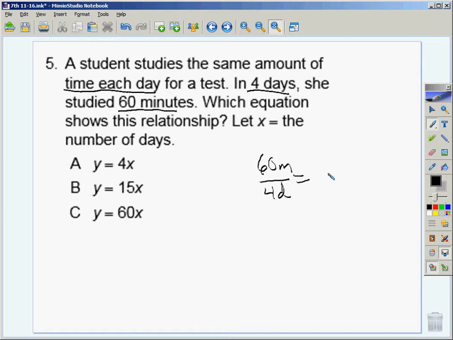How many minutes per day did she study? 15 minutes per day. Which is why B is the correct answer, because they wanted X to be the number of days. If I substituted 4 in here, 4 times 15 would show me that she studied for 60 minutes.